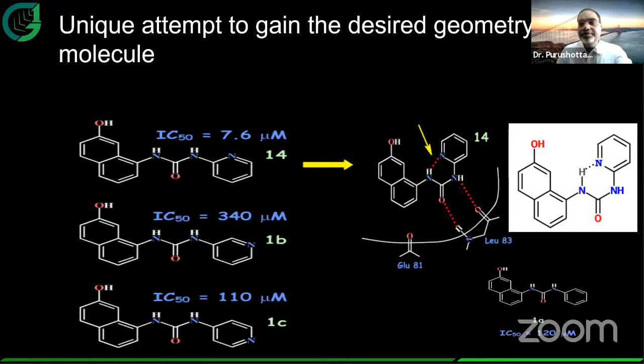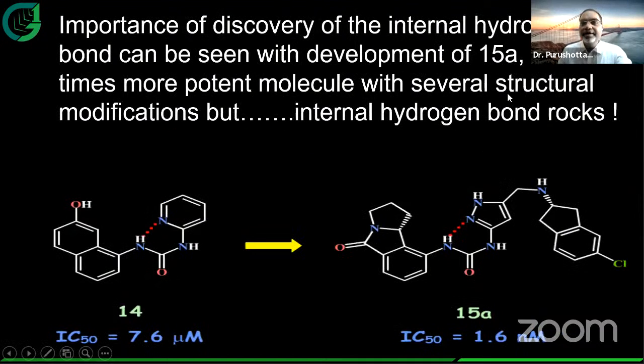So I will move on to the next slide. Here I'm trying to give another example of the same feature. The compound 14 has been developed by Merck, and this compound was further modified, and thousands of molecules were synthesized.